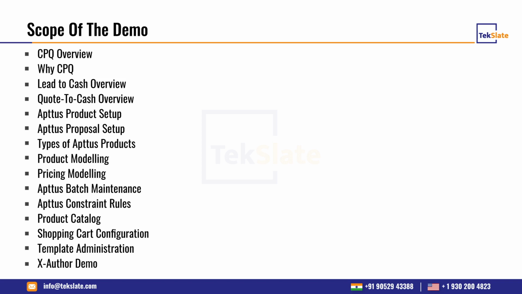And we have Apttus batch management. These are out of box functionalities, classes already written at the back end and provided by Apttus. Whatever product configuration, pricing configuration, or any functionality you have developed with the out of box Apttus CPQ, after doing that, to sync your changes so that they take effect, you need to run certain Apttus provided batch classes, batch maintenance.